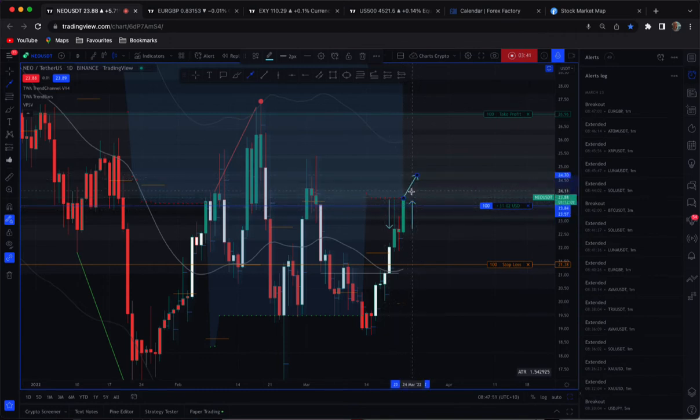Now, when you have a situation like this, let's say you've got a double top, and you've got this sort of ascending triangle, what's happening is, it's continually attacking the level. And at some stage, it'll weaken it and break through.